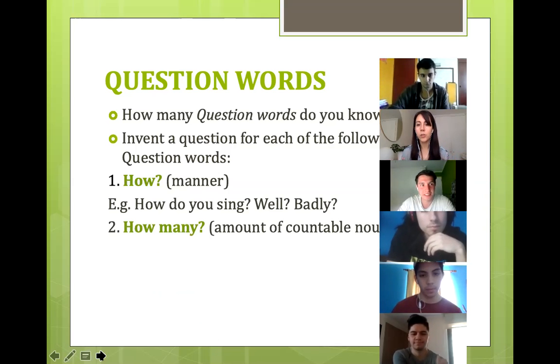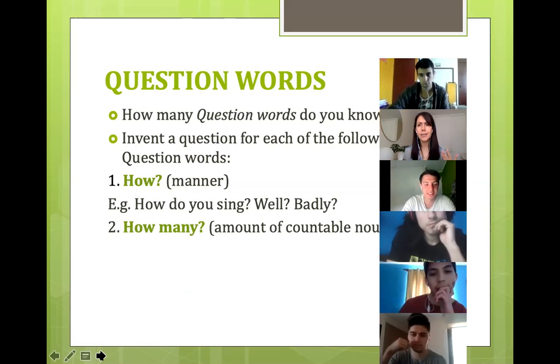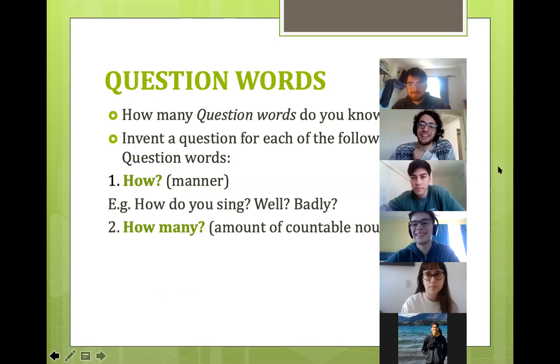How many? Come on, a question with how many. Remember that how many is for countable nouns, in any tense. How many something do you have? Oh, come on, complete question. Ask the question, Domingo. How many what? How many heads do you have? How many dogs do you have?